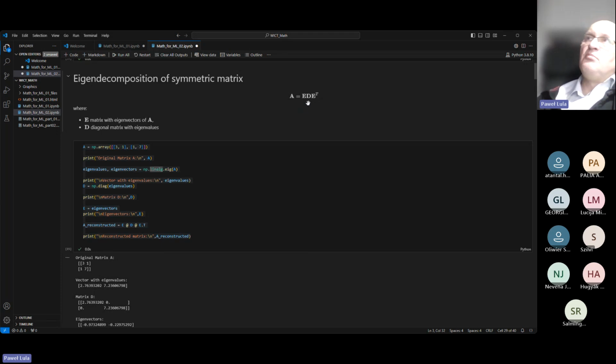So we can take E matrix with eigenvectors, multiply this matrix by D, and the result we should multiply by matrix E, but after transposition. Transposed E here we have. And for every symmetric square matrix, it is true that we can present this matrix in this way.